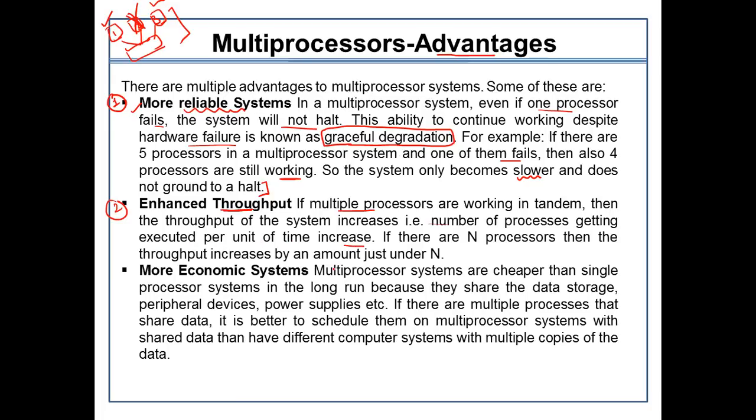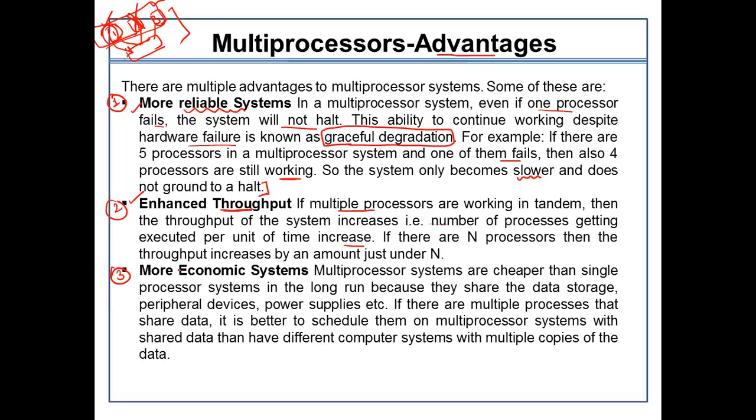Whenever we work with a number of processors together, the throughput rate is always enhanced. You can simply imagine the scenario: if one processor is doing a job, and three processors working together are performing the same job, you can expect a better throughput rate. So this is the second advantage.